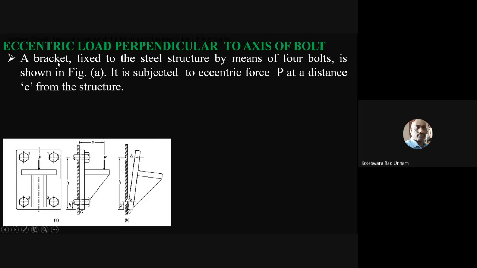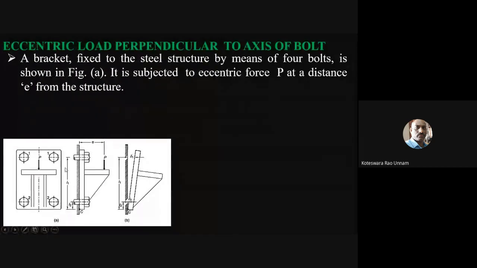So for that, let us take a bracket which is fixed to a steel structure by means of 4 bolts. Here in this example also, the number of bolts considered is only 4. It is subjected to an eccentric force P at a distance e. Now the analysis is completely different from earlier.